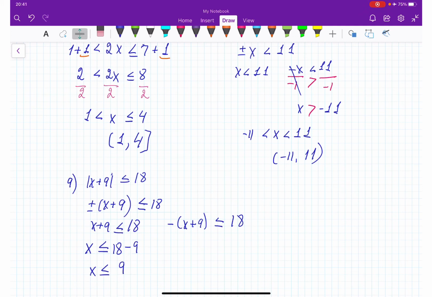Okay. Next is gonna be, if I divide by negative 1, we get x plus 9 greater equal, right? It's going to flip the sign, negative 18.